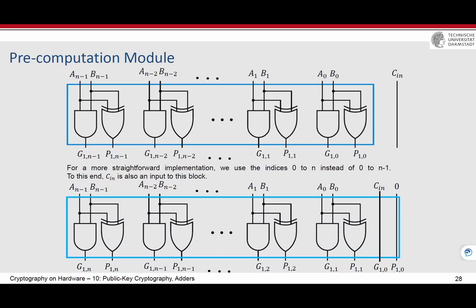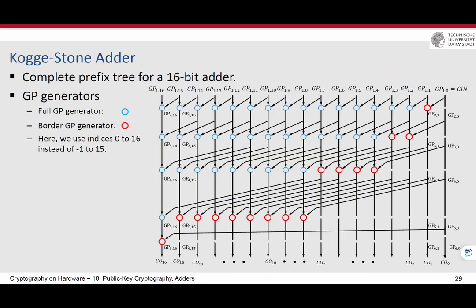Then, if you look at here, P1 and G1 are considered the first one as here, and instead of n P and G, we have n plus 1 G and P. This is something that you should keep in your mind: we have n plus 1 pairs of P and G, not n pairs.